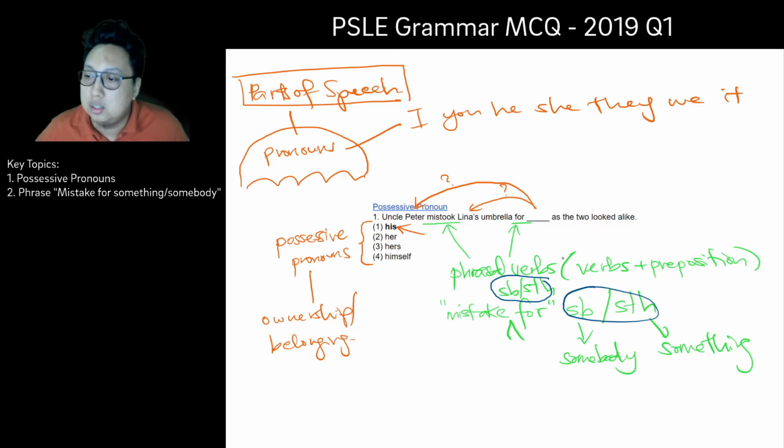This is a condition that students would have to know about to get this question right. They don't have to know it consciously. If students are already reading widely, they've come across this phrase multiple times and they'd be used to it.